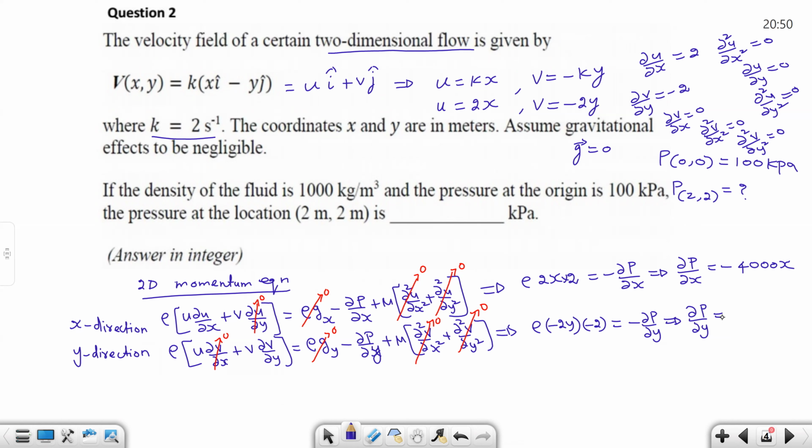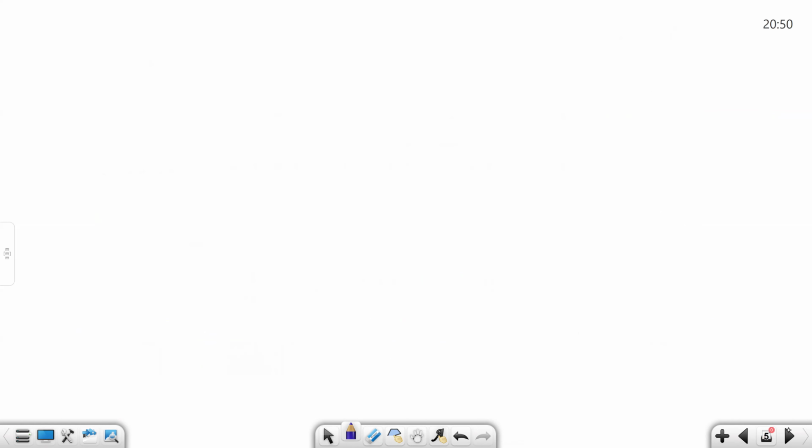So this will also give you minus of minus plus. This minus will be 4000 y. You got this. So with this, we are trying to evaluate the pressure distribution. So maybe I go to the next area.